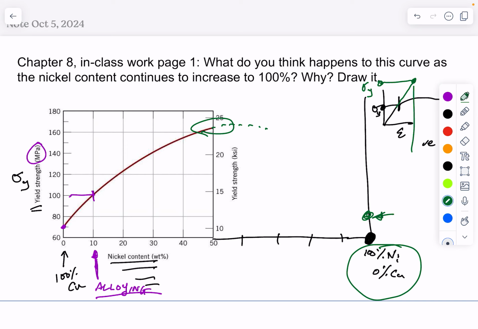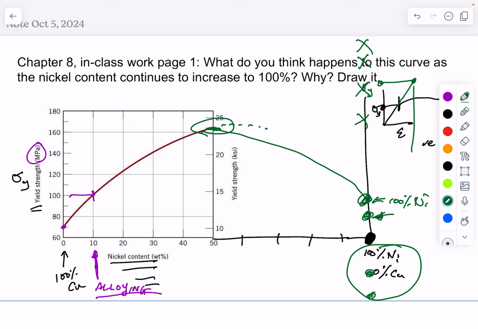I don't know what value that is. It could be here, it could be here, but it's definitely going to be below that point. It's not going to be up here. So I'm going to just draw in a reasonable answer, and this would be the yield strength of 100% nickel.